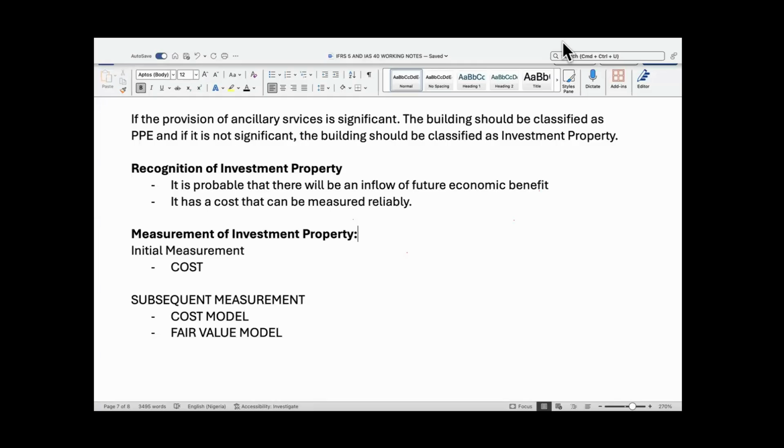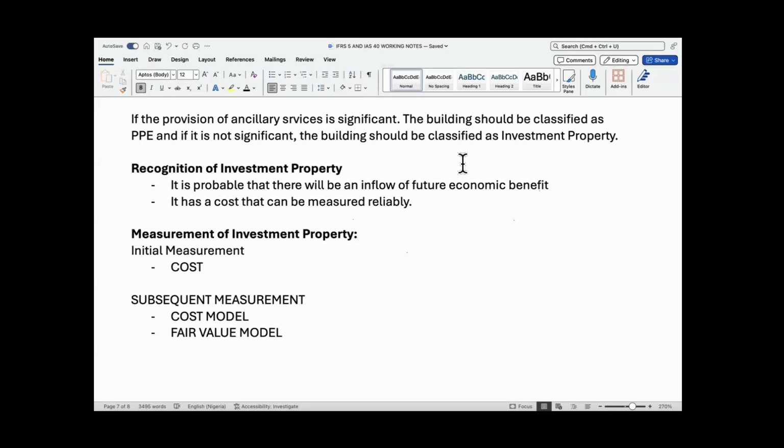Yes, I said the auxiliary services being provided, if it is significant, I just want to get it clear that the meaning of significant is that it is the major business of the building owner, right? Again, what do you mean by that's the major business of the building owner? I didn't get the meaning of the significance of the services very well.